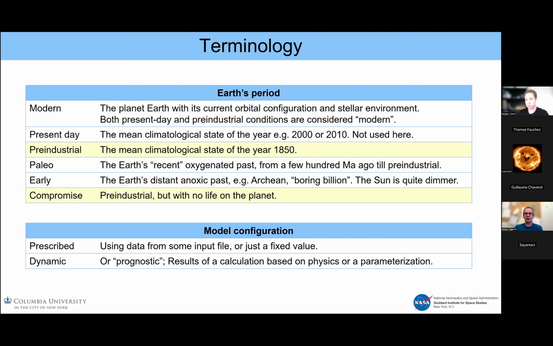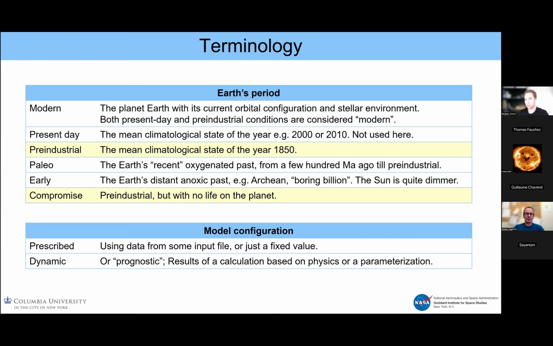So for paleo simulations, we do simulate a dimmer sun, but it's not that much dimmer than when we're thinking about early Earth. And then we have the compromise, which is touching a lot on what essentially Linda said. If we want pre-industrial Earth and simulate that, what we need is really population of 1850, crops, land cover, vegetation, everything related with that.